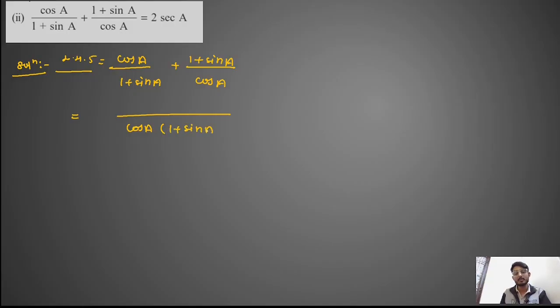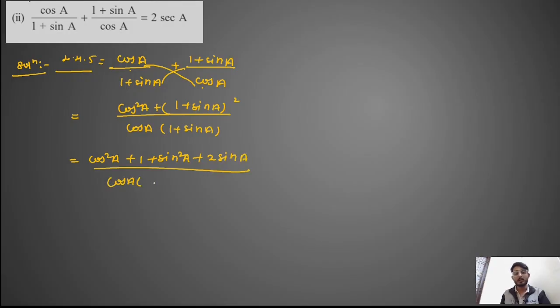So cos a into 1 plus sin a. Whenever you multiply this term to this and this to this, cos a into cos a you will get cos square a, and 1 plus sin a into 1 plus sin a you will get 1 plus sin a whole square. So cos square a plus, and (a plus b) whole square is a square plus b square plus 2ab. 2ab means 2 into a into b.